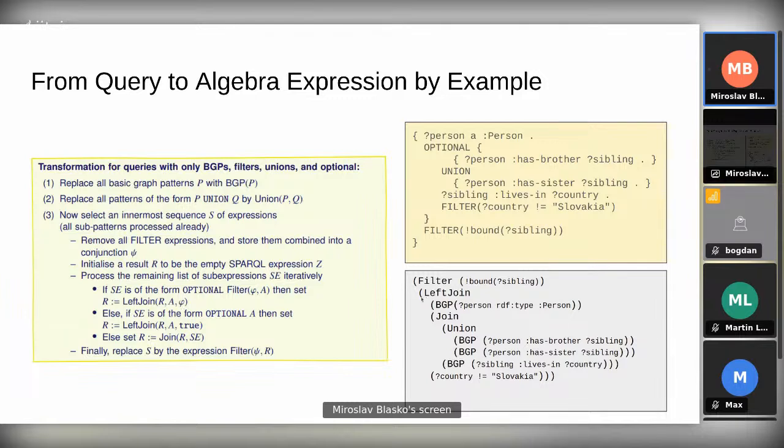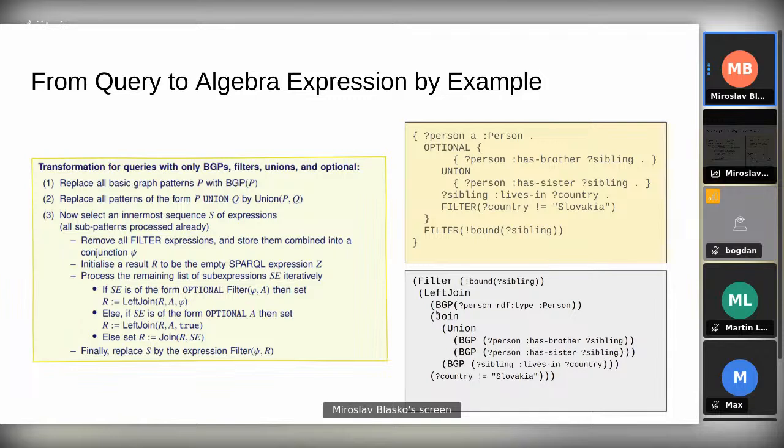So yes, I hope it is clear. If the optional doesn't have any filter, you just put true here. Otherwise, you use join. That's why I forgot to show this. So that's it. That's how you translate it to algebra.